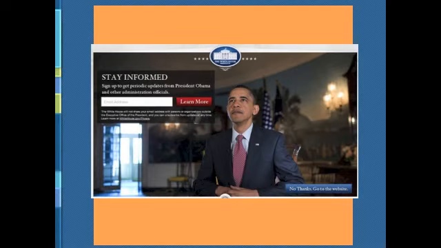Now, what this means is we've got a particular way that we're looking at this image. Although in this case, it's a little bit inverted, because one of the first things that we're going to look at will usually be the president. Then we might look at the stay informed box, because that's more or less the direction that he's looking in. Then we might start looking at some of these other aspects of the image.